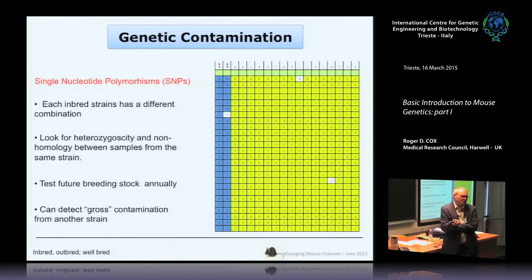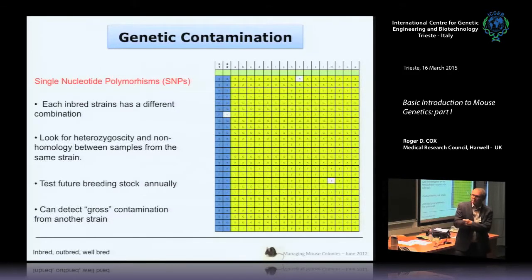Maybe one day we'll sequence them when it becomes cheap enough. So you can look at the integrity of your strain by running a genotyping panel, looking at the single nucleotide polymorphisms, and looking for differences. They should all be the same in a particular stock. And if they're not, then you have a problem.